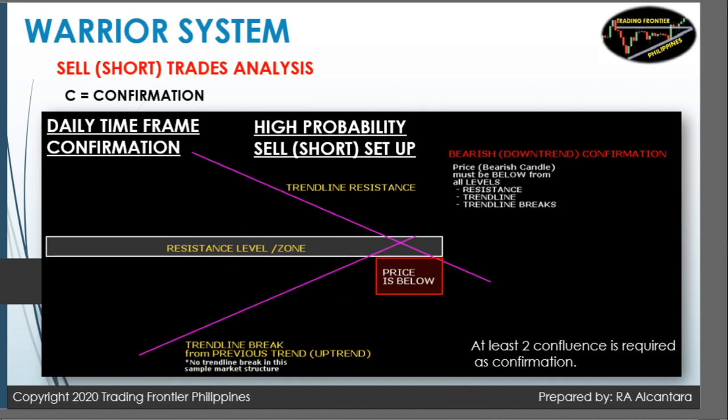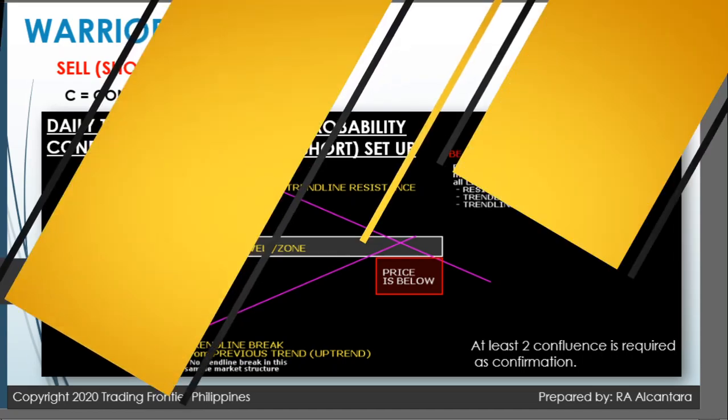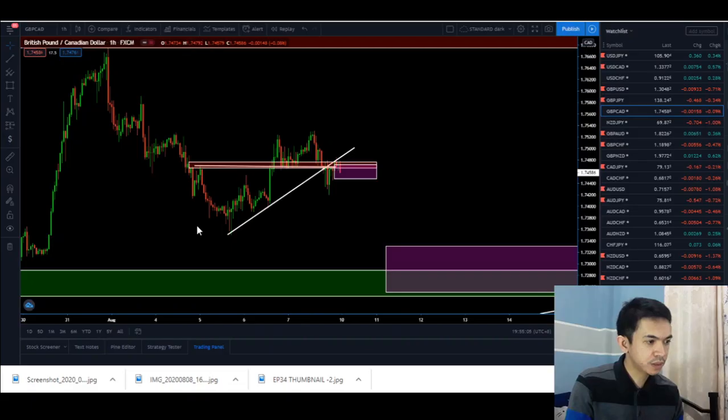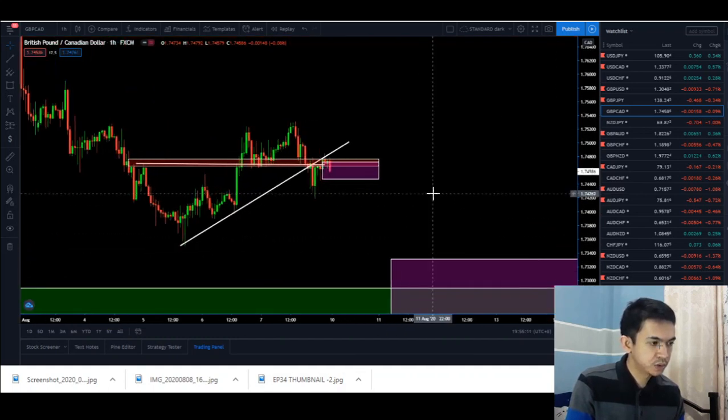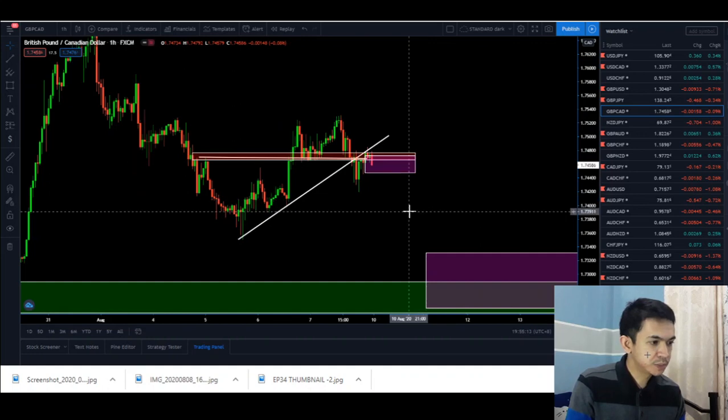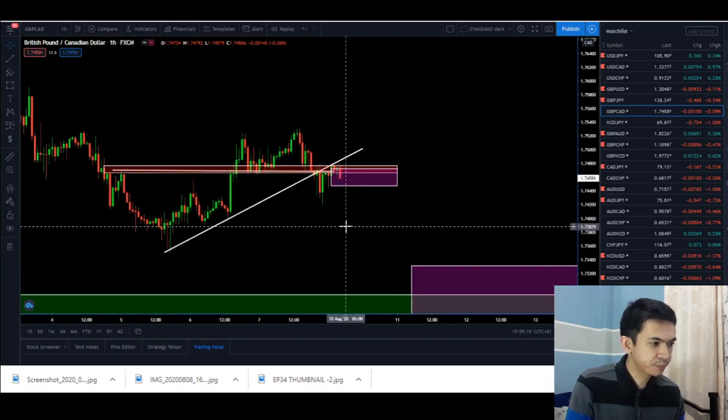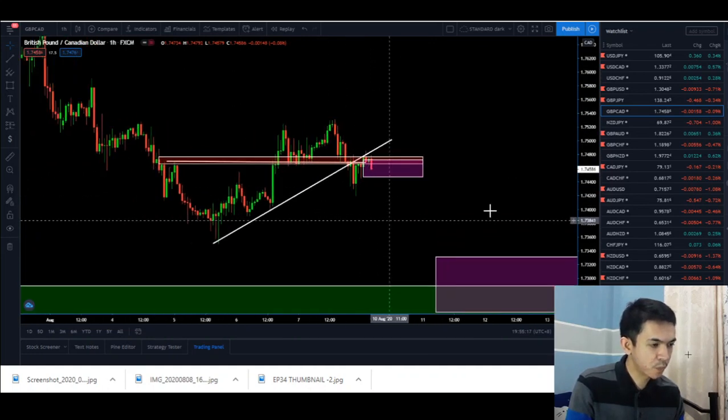Okay, so I can see here that I can have multiple opportunities if I want to. So currently, I will be scalping this market for a short setup. Why is that?